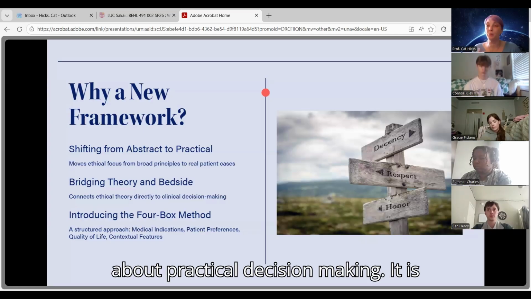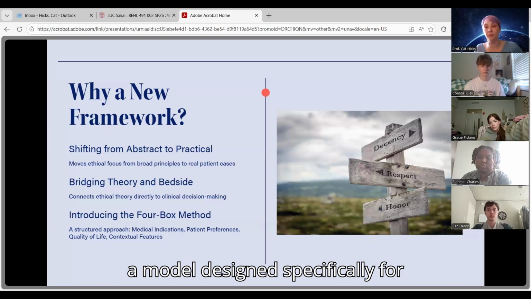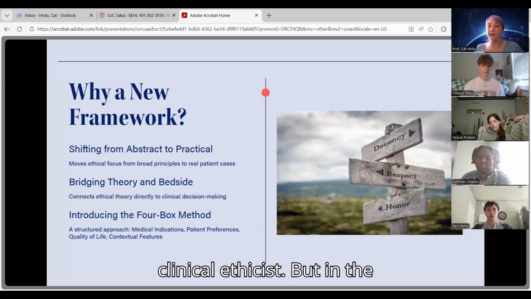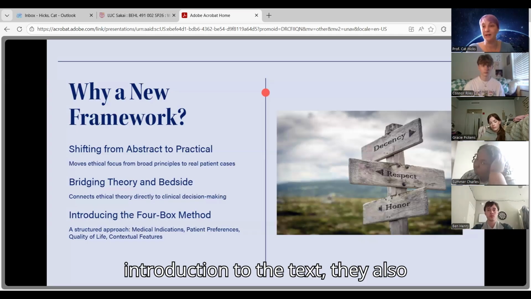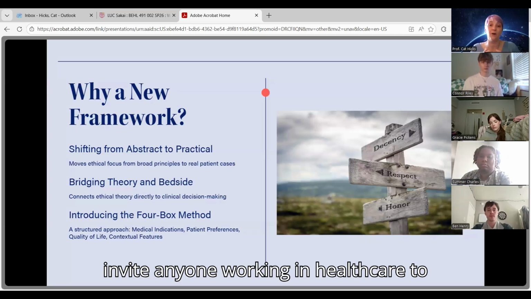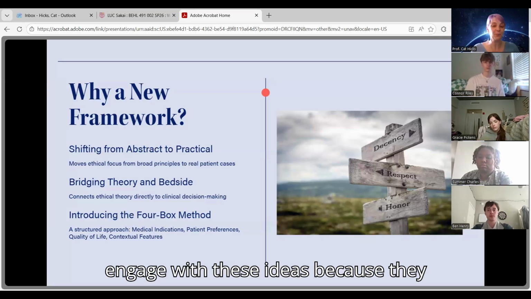So this is about practical decision making. It is a model designed specifically for a clinical ethicist, but in the introduction to the text, they also invite anyone working in healthcare to engage with these ideas because they are extremely useful.